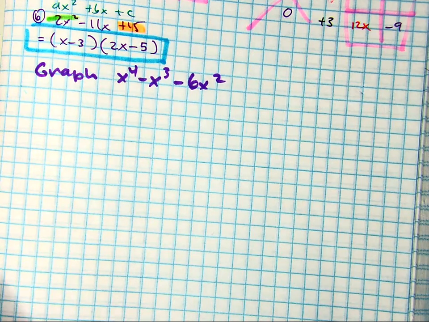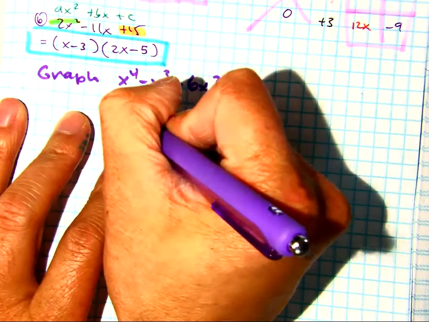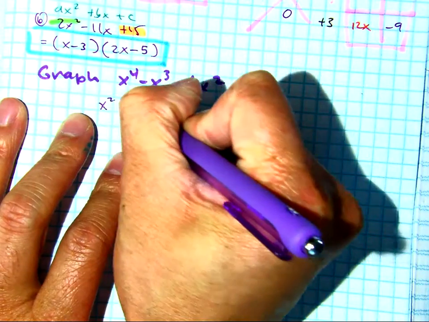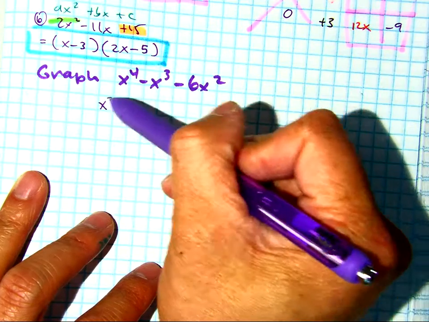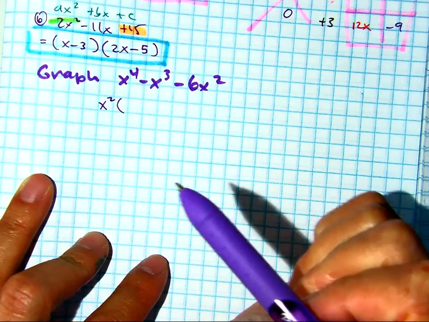Do you know what the greatest common factor is? Abigail, what's left? X squared times something gives you x to the fourth.